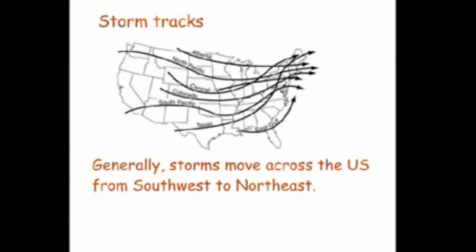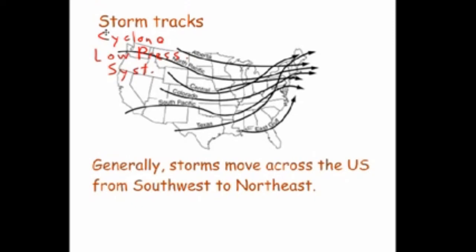These storms, and remember that storm is a low pressure system, also known as a cyclone, generally move across the United States from the southwest towards the northeast.